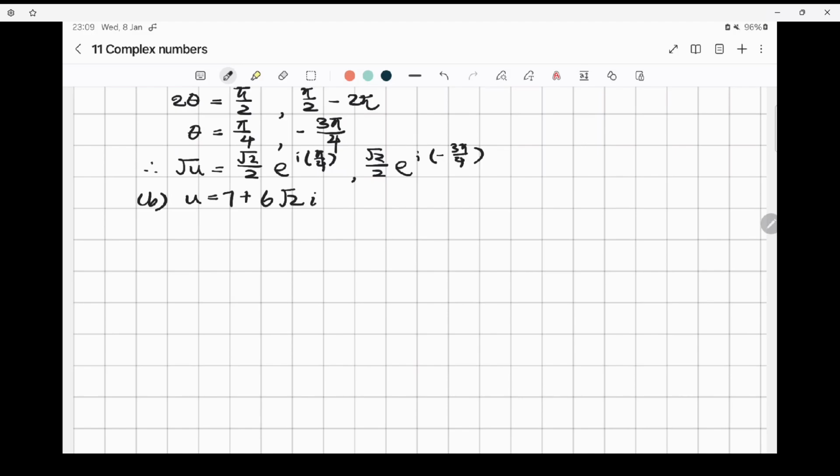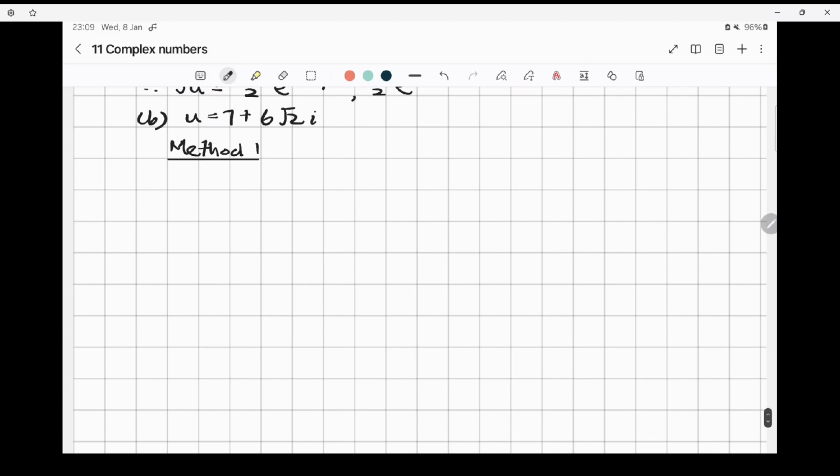Because they give you in this form, it'll be more natural if you use method 1. Of course, you can try method 2. That will be left for you to do.